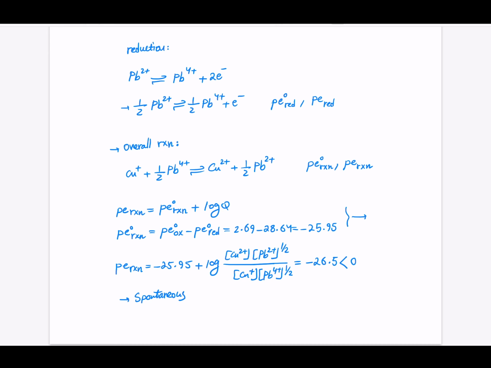For example, if a part of our overall reaction was H+, coming from either oxidation or reduction, then the pH of the solution also dictates the Q, the reaction quotient, which eventually dictates PE of reaction and whether the reactions are spontaneous or not.